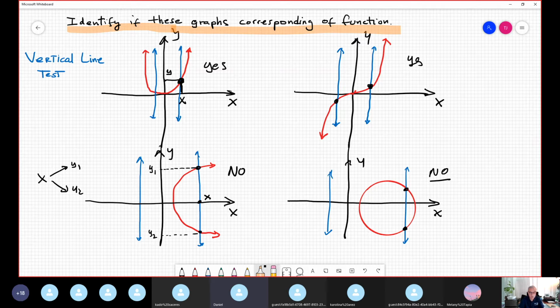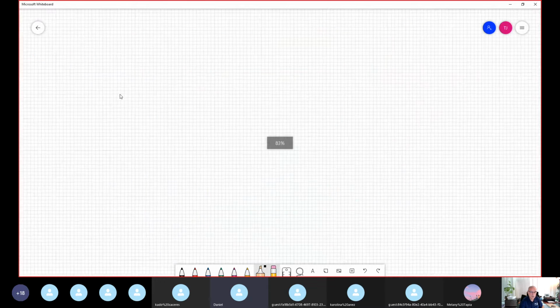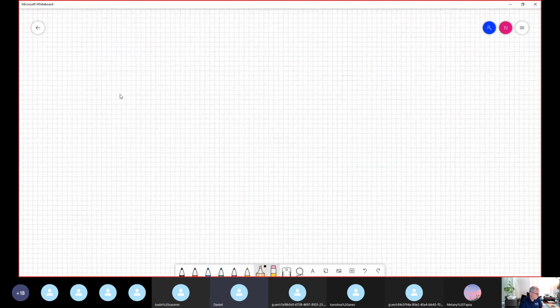Some graph is given, and you need to determine if it's a function or no. You look only at that, and you draw a hypothetical vertical line. If at least one point of the x touches two points in the y, it's not a function. Okay, vertical line test.